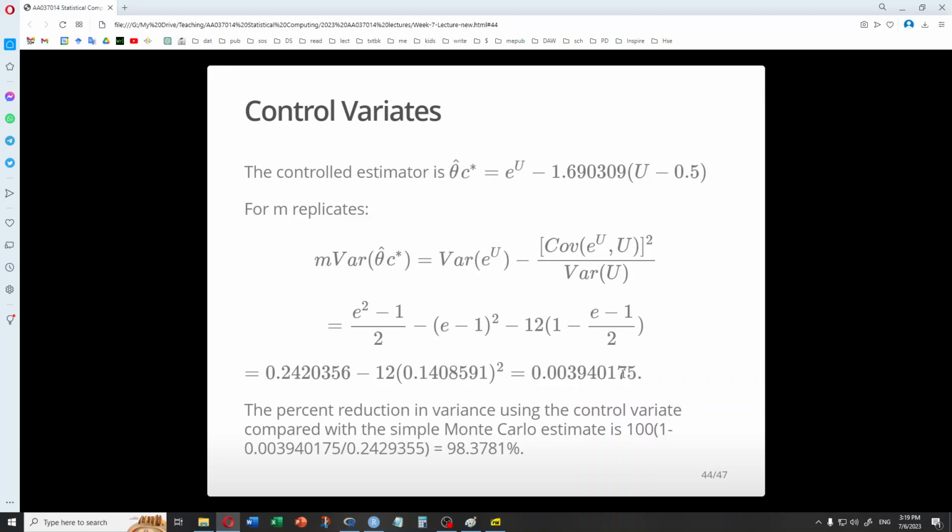Then you get 0.00394. Okay, so the percent reduction in variance using the control variate compared with the simple Monte Carlo estimate is given by 100 times (1 minus 0.0039 divided by 0.2429), which is equal to 98%.